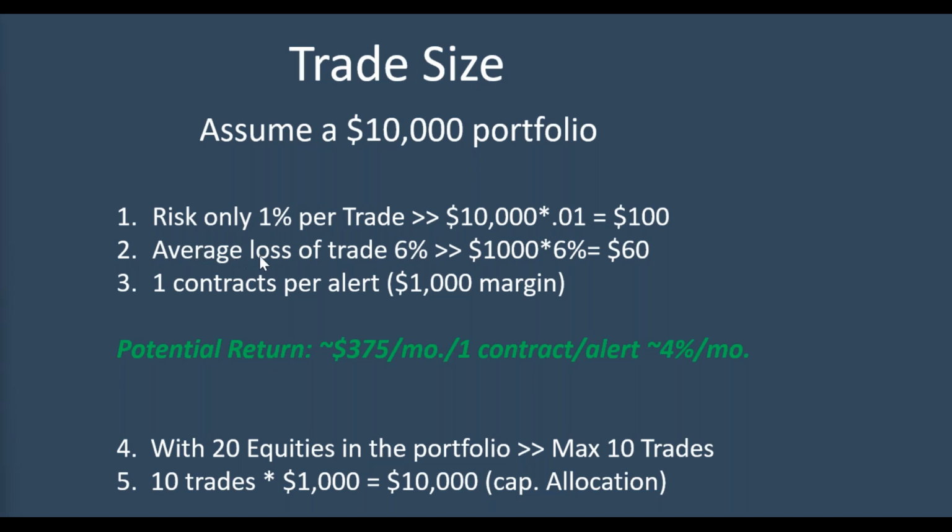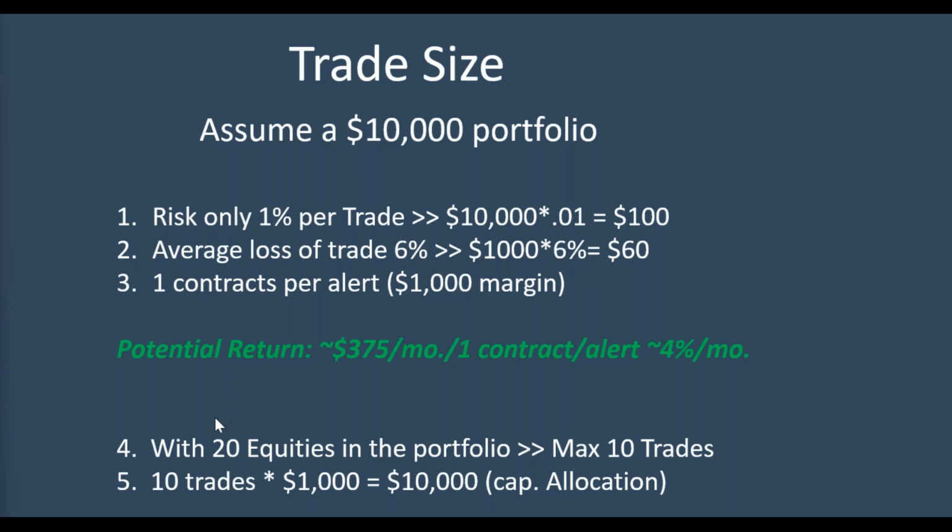I'm looking at the average loss of 6% of that. It's about $60. So 1 or 2 contracts per alert is going to be between $60 and $120. It's well within your range here, okay?